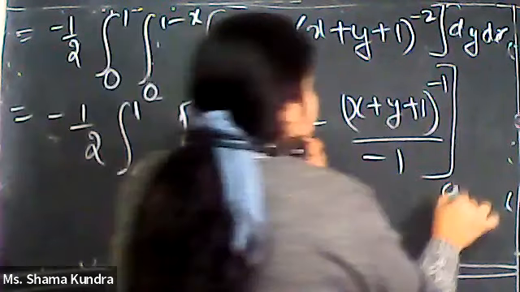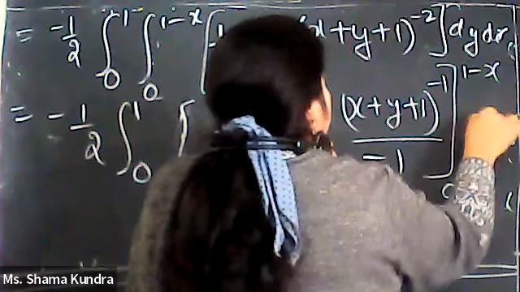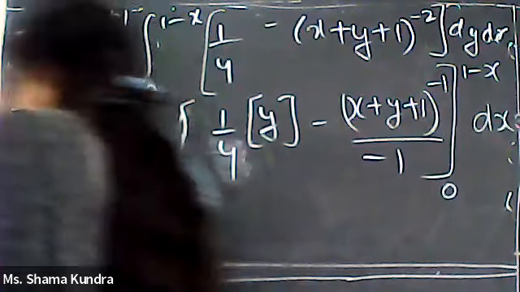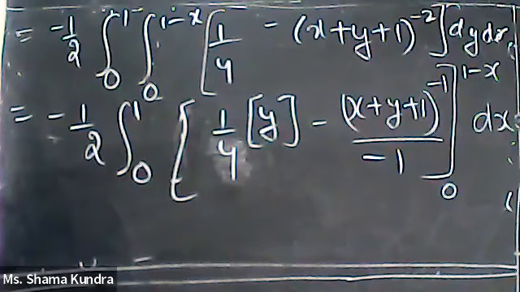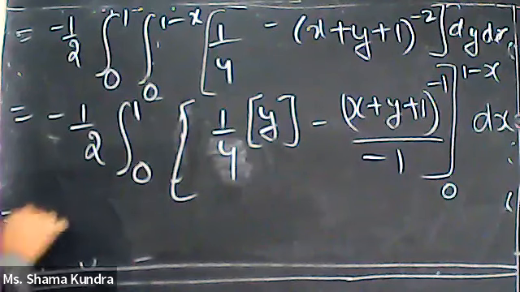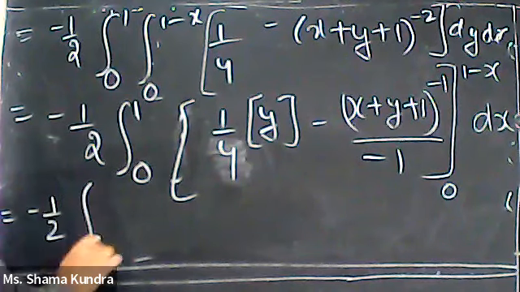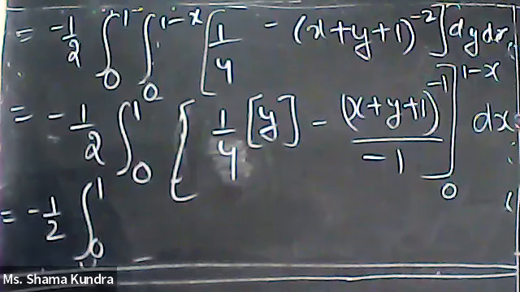Limits come on the right hand side, y from 0 to 1 minus x. Next step is upper limit minus lower limit.